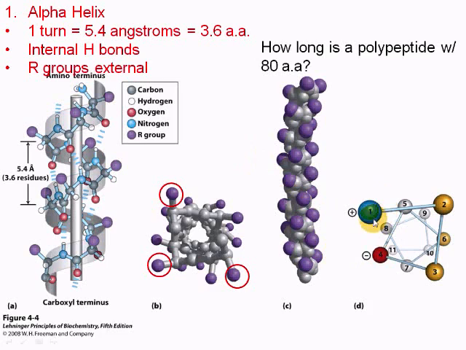And then this diagram is just showing that you can have different polarity to different sides, and so like this yellow part, I can't remember exactly what it represents. It's either polar or nonpolar, but one side can be nonpolar and the other side can be polar, depending on the orientation of the R groups.